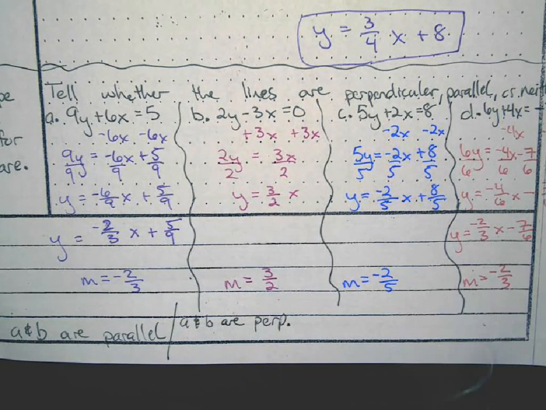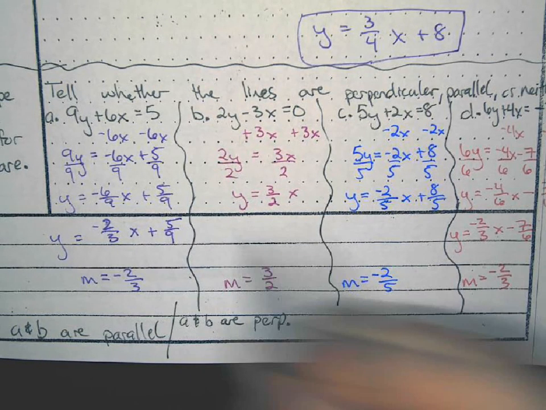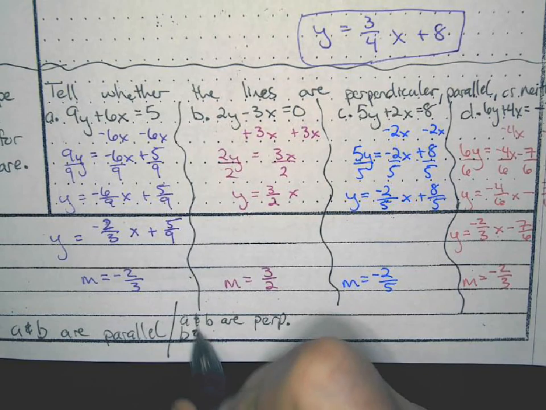I'm just going to write perp. Is there another pair that's perpendicular? Opposite and flipped. Negative 2 over 3 over here, letter D. Negative 2 over 3. Opposite and flipped would be positive 3 over 2. So we can say B and D are perpendicular.